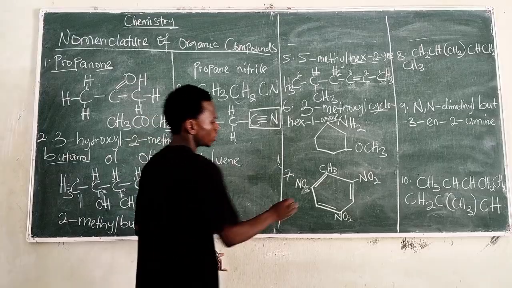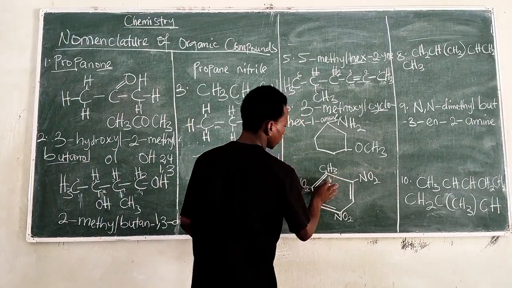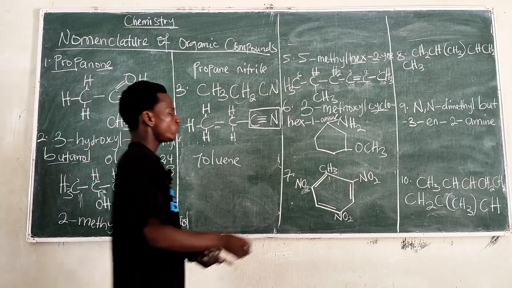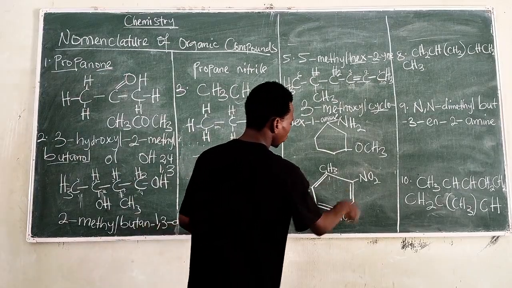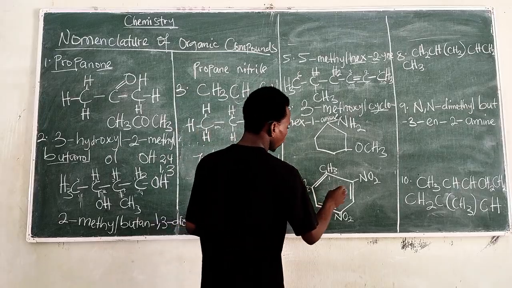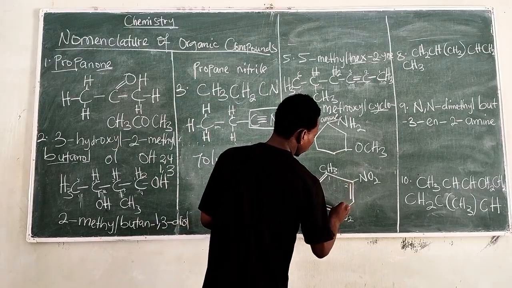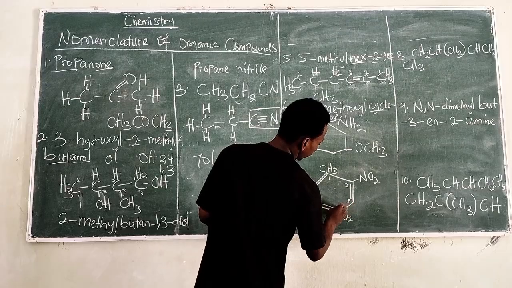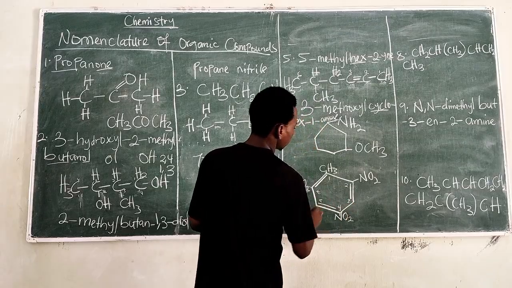So this is our carbon 1 because it is what gives benzene the parent name of toluene. If we start with this, we'll either go with the clockwise or the counterclockwise numbering. If we go with the clockwise, this is carbon 1, 2, 3, 4, 5, and 6.